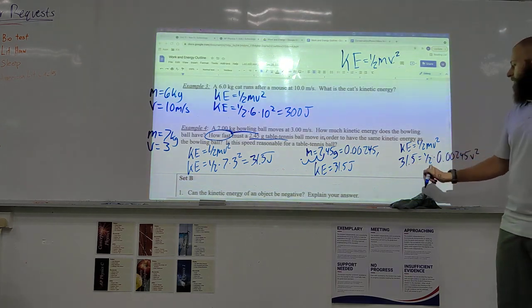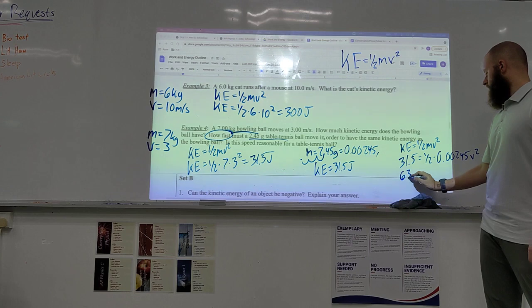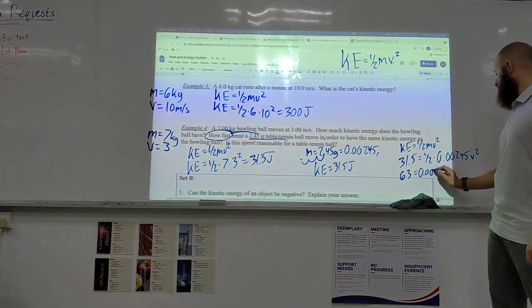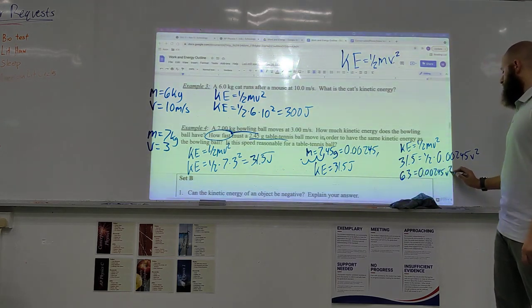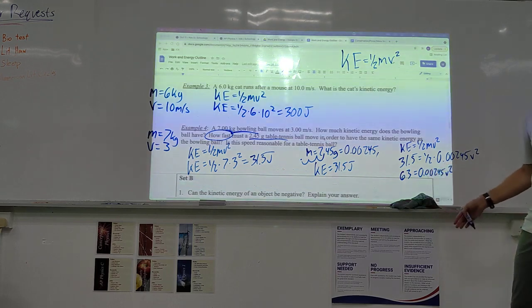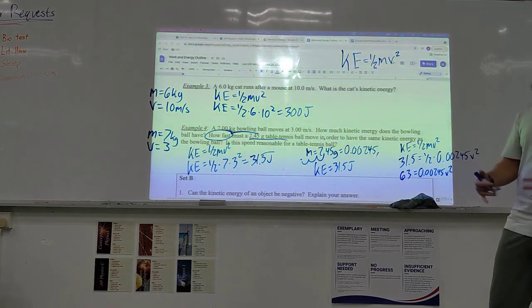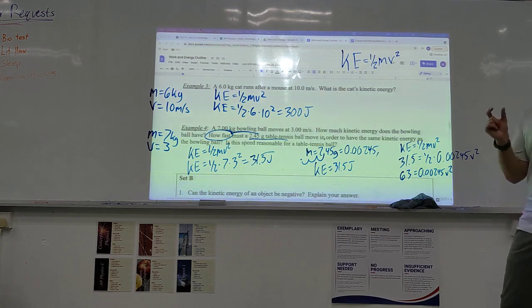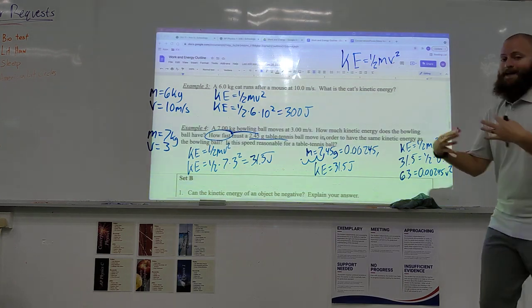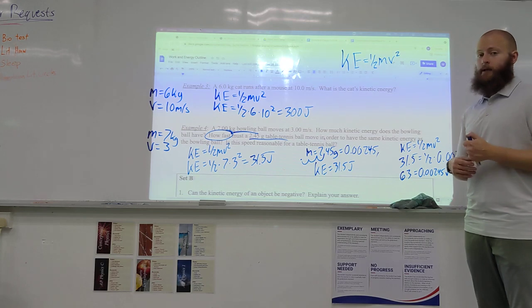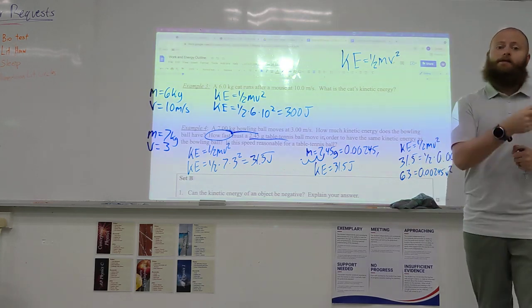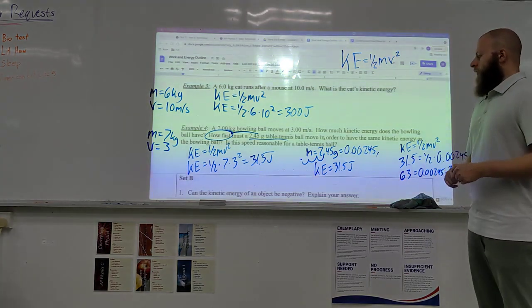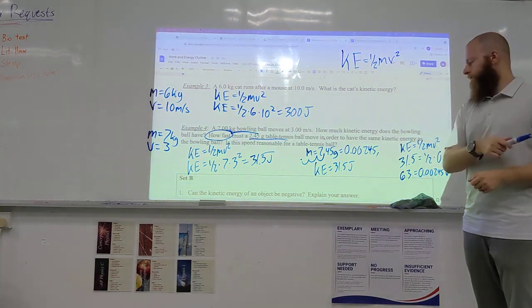Now I'll multiply this by 2, so I'll get 63 equals 0.00245 v squared, and then I'll need to solve for v. If I recall correctly, the velocity is a very high number, so it's not a very reasonable speed, which makes sense. A bowling ball is really heavy, and a table tennis ball is very light. So in order to have it hit you and be the same level of pain, it would need to be going very fast. Okay, I will see you back for the next section.